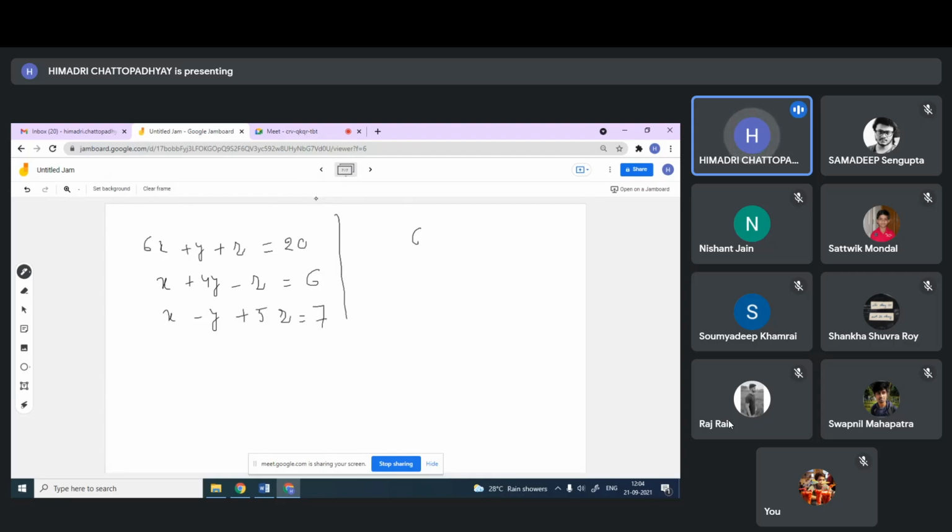That means you have a matrix like 6 1 1, 1 4 minus 1, 1 minus 1 5.